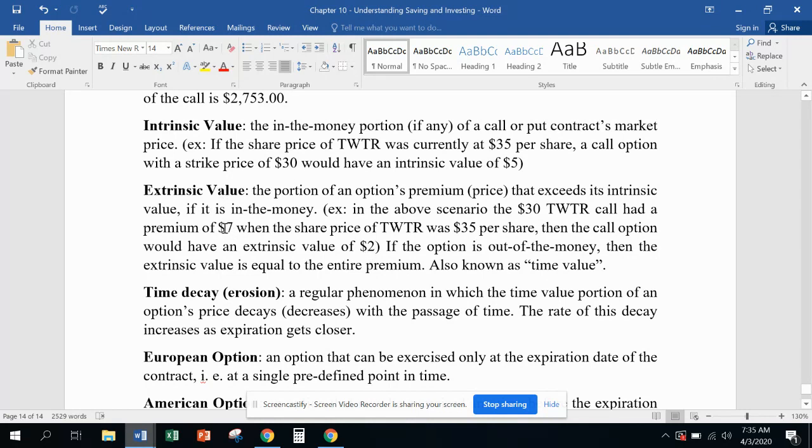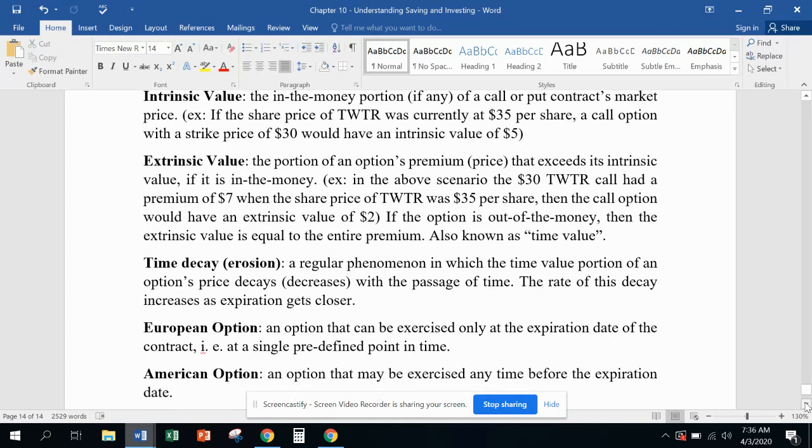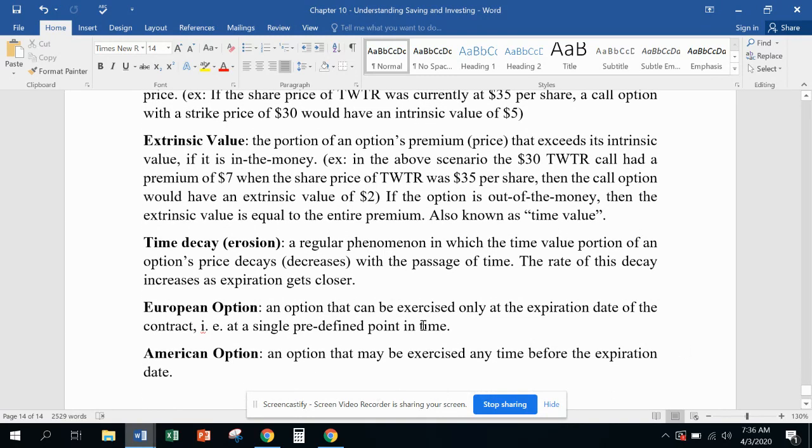So this $7 gets cut up into what was in the money, $5, and what is not in the money, $2. So the extrinsic value is what you're paying because the underlying security has volatility, and there's time to expiration. So there's a value that you're willing to pay for that. And that's what's called extrinsic value.